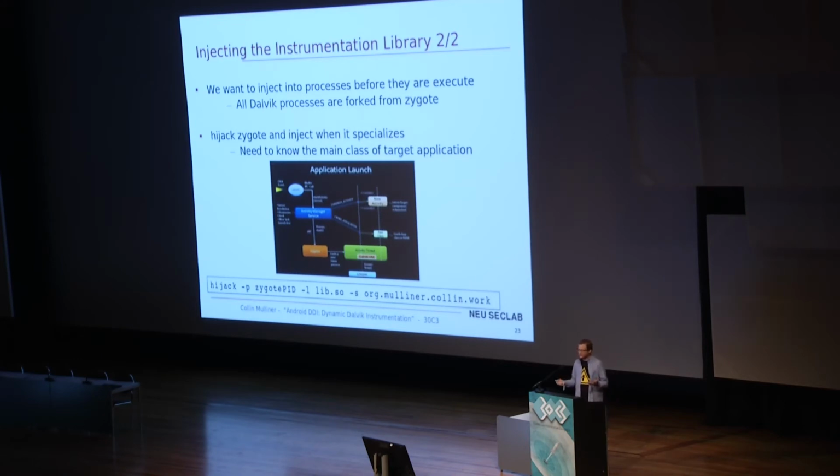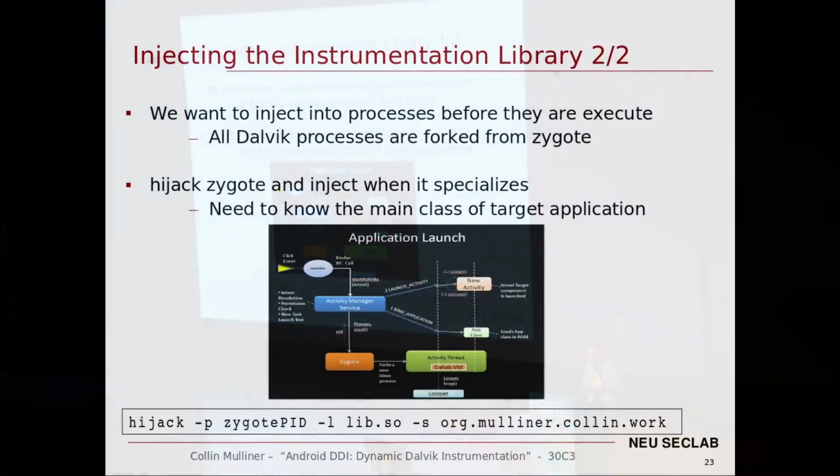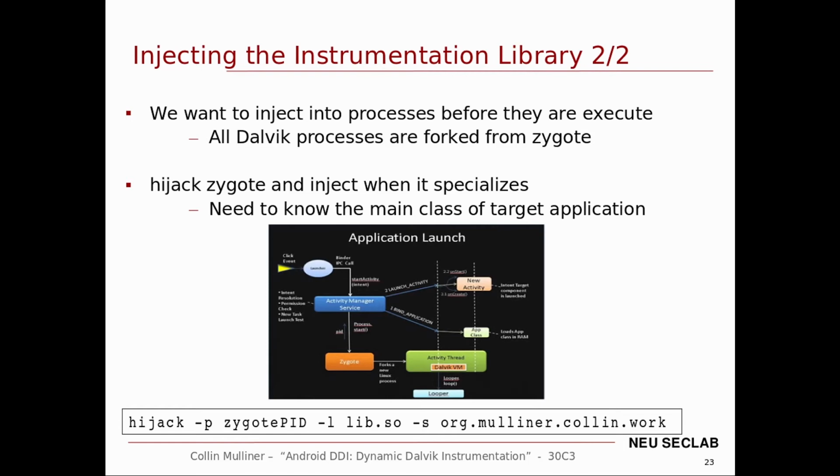Yeah. But sometimes you want to instrument applications very early, maybe before startup, in order to see really everything the application is doing. To do this, we actually have to instrument or trace Zygote. We have to do this because, can you actually read that? Probably not. Anyway, Zygote is the base VM process on the system.